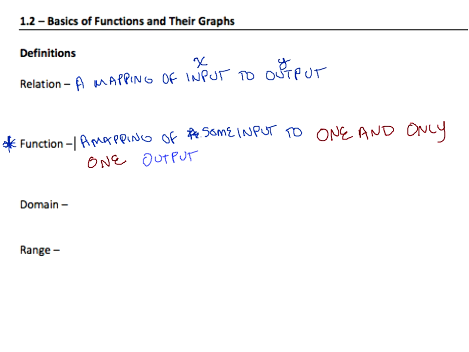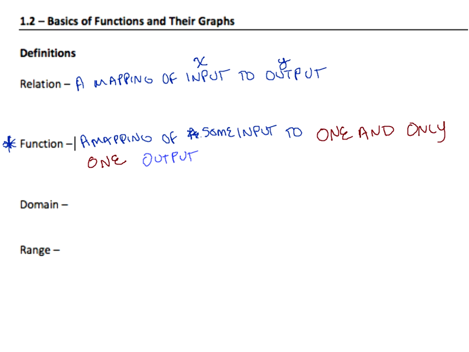In other words, anytime I put an input value in, there's only one possibility of an output value for that thing to be a function. And we'll look at examples of this on the next page to really solidify these definitions with you.